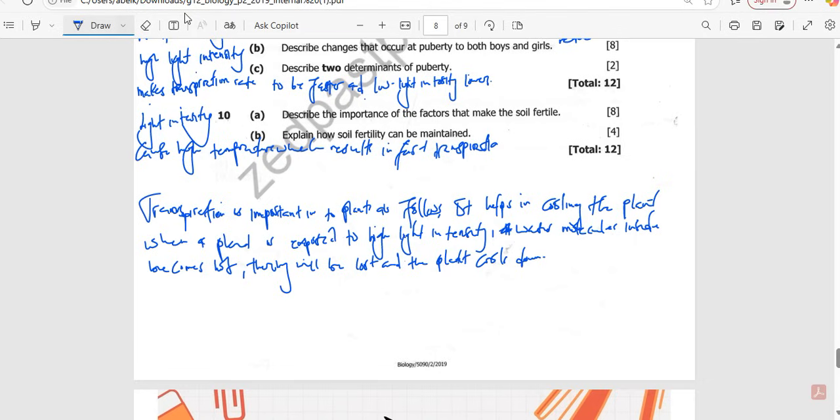Then apart from that, the other importance of transpiration we are going to look at is the movement of water and mineral nutrients in a plant.